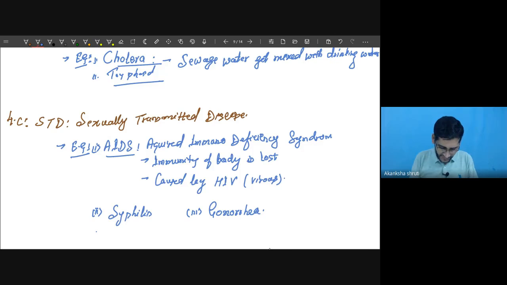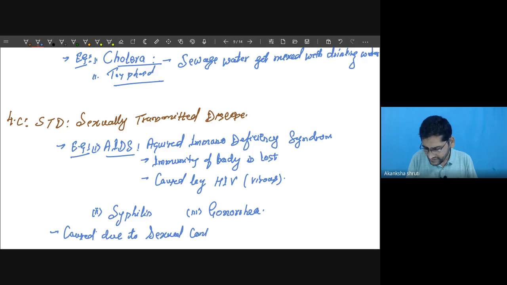So it is caused due to sexual contact. Okay, like smooching or any other activity. So because of that, the diseases carried are even more dangerous.